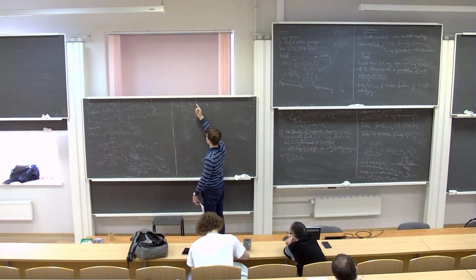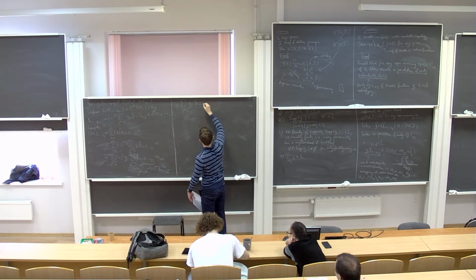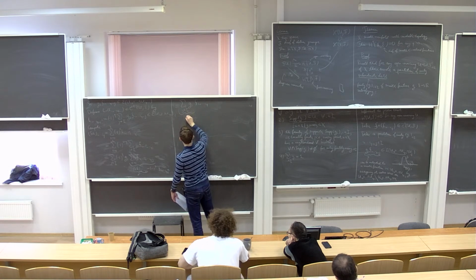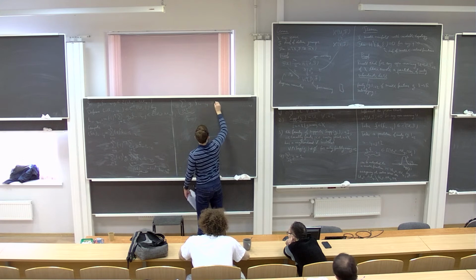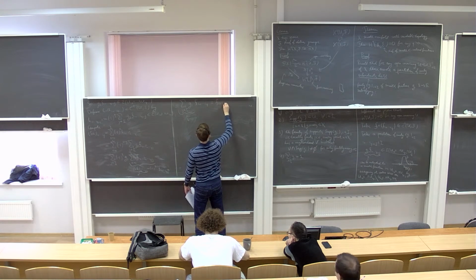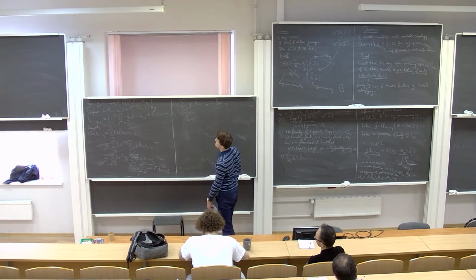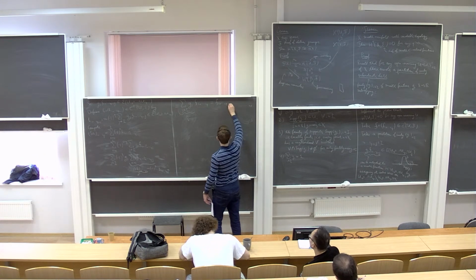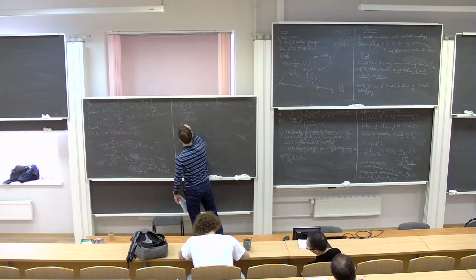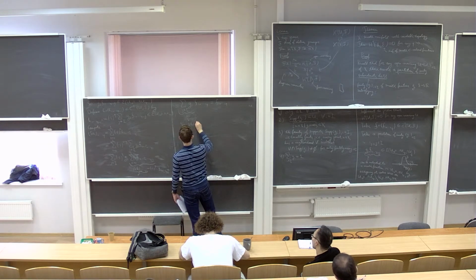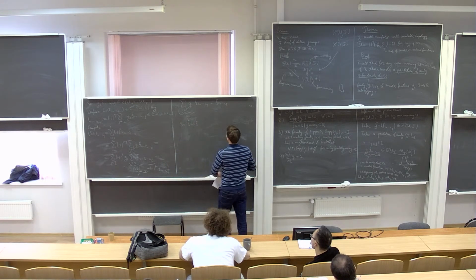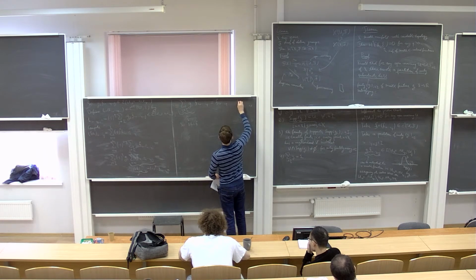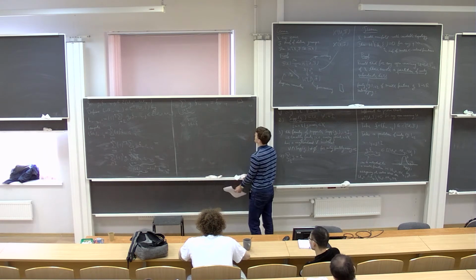Yeah, but then the sum of this is a partition of unity, so this is 1. So we get, yeah, delta h is equal to f. So f is a coboundary, so the cohomology is 0.